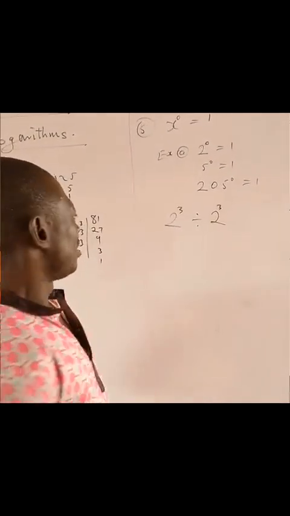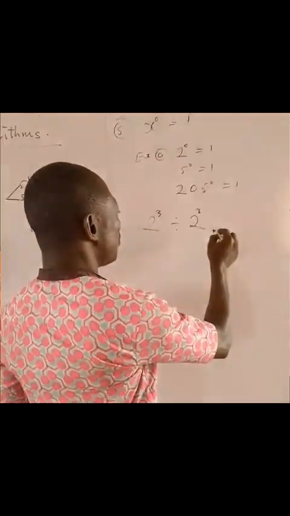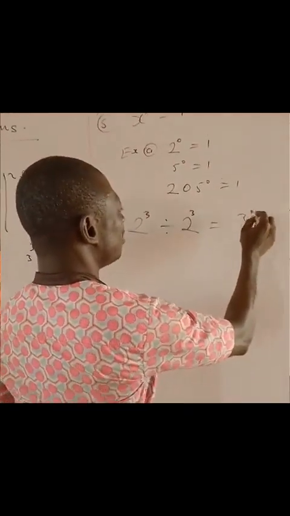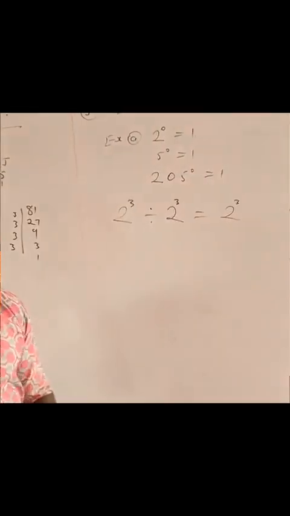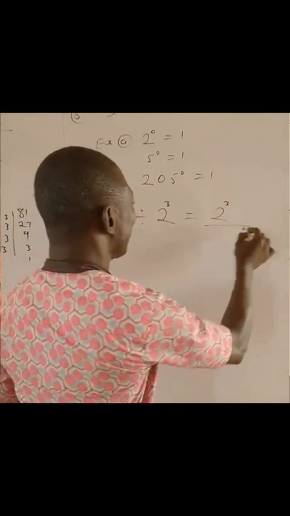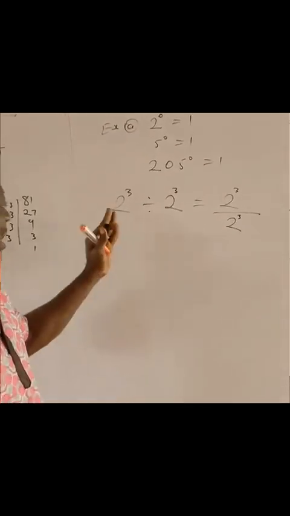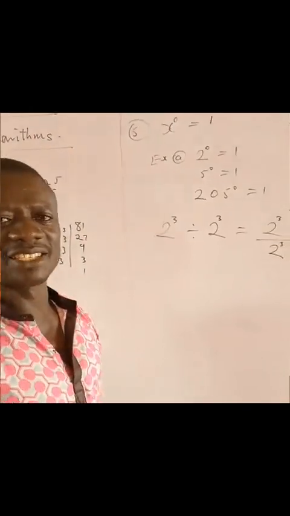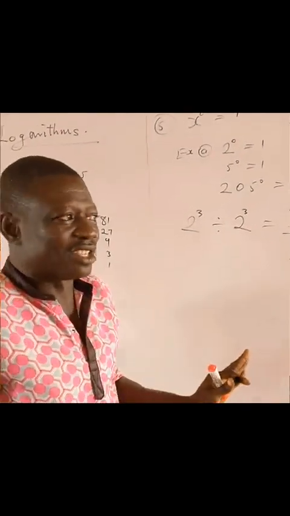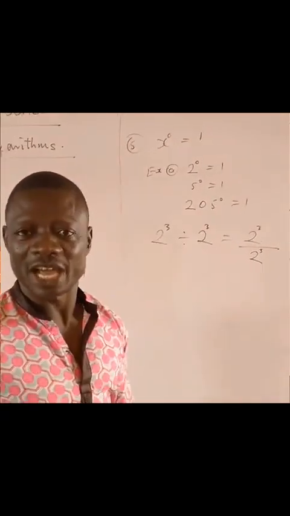Take a look. This means from our simple calculation that 2 raised to power 3 is going to be divided by 2 raised to power 3. That means this is being divided by this number. Let us expand it, but that is what is going to give us the surest answer from what we know from elementary calculation.